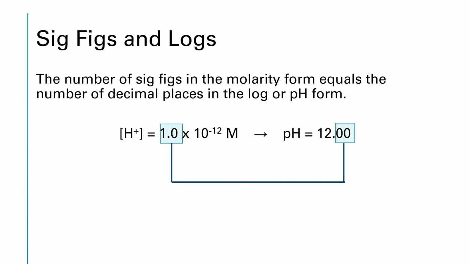So if we have 2 sig figs in this molarity because of the 1.0, we need to keep 2 decimal places after we calculate the pH. And I snuck that in on you in the last calculation. Go back and double check, keep me honest that I really did the sig figs right on the previous one.